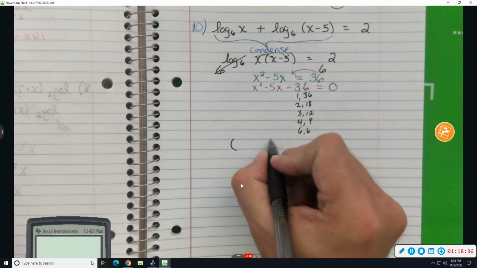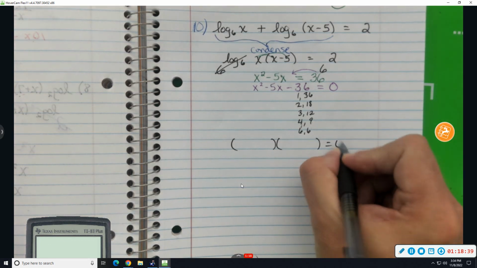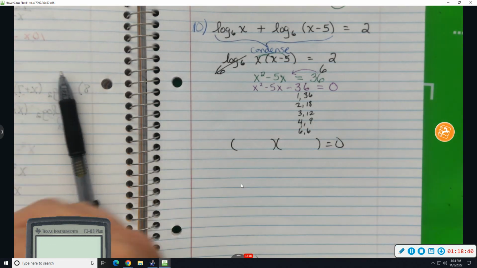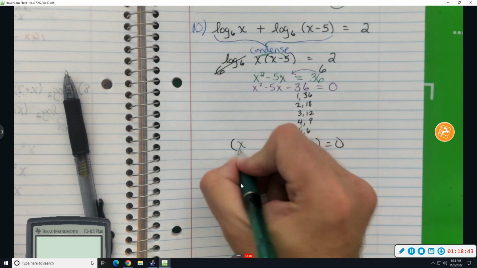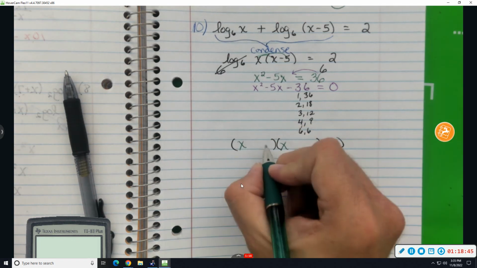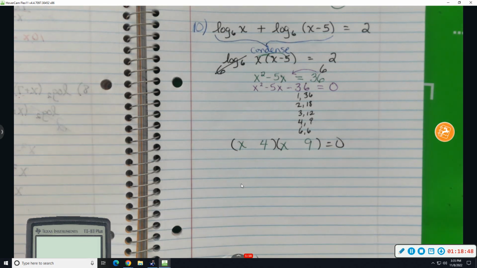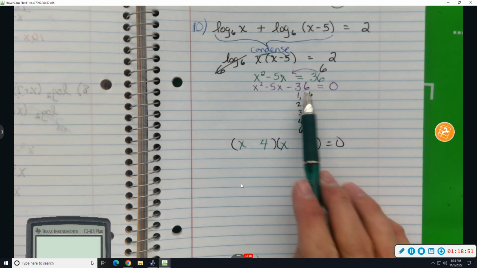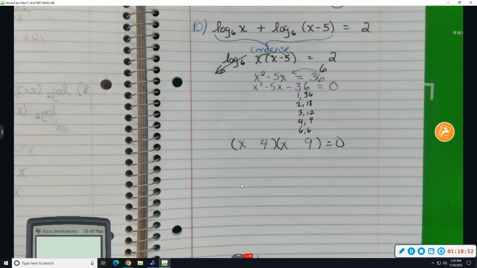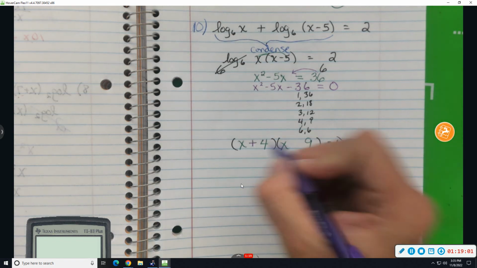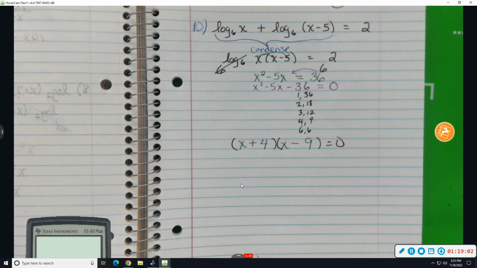So I'll draw my 2 sets of parentheses. x and x. 4 and 9. I need these numbers to multiply together to give a negative 36, so that's a positive and a negative. How should I arrange the plus and the minus? Perfect. Plus 4, minus 9.